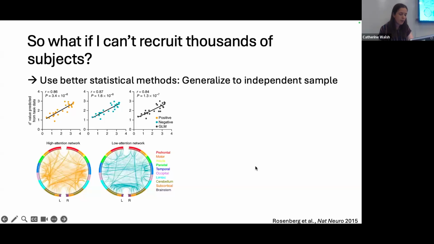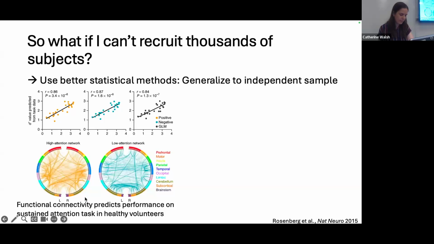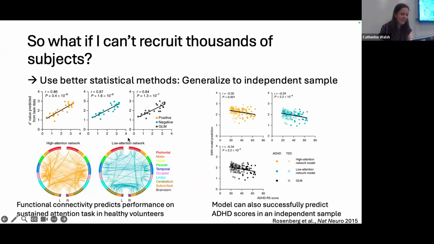They then applied it to a new sample of kiddos with ADHD and used this model to try to predict their ADHD scores. And they were still successfully able to do that. The fact that the model they developed in healthy controls was able to predict ADHD scores in a new sample was a great test of how useful and valid this model was.